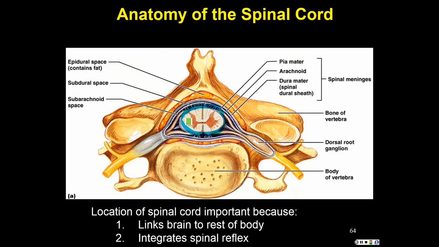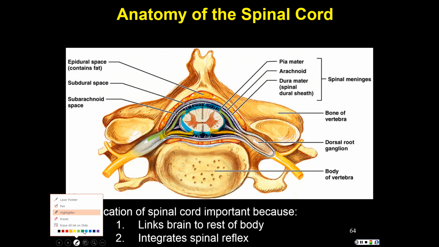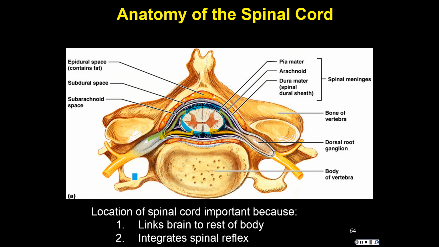What we'll finalize and review is that we have sensory afferent nerves that enter over here, and then we also have motor efferent nerves that conduct away from the spinal cord. Okay, so right now we're just going to focus strictly on the spinal cord itself. And so what it does is physically, anatomically, functionally connect the brain to the rest of the body, and it coordinates something else that we'll study, which is called the spinal reflex.